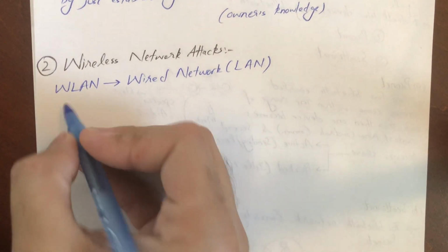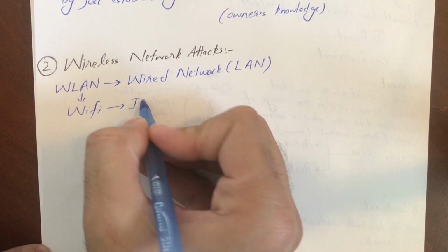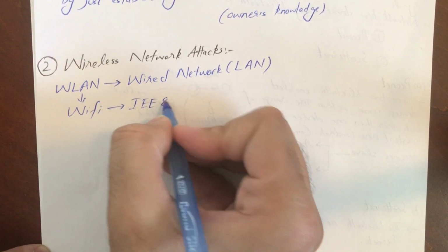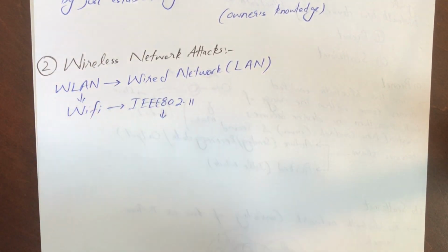Wi-Fi, or wireless local area network, also known as wireless fidelity, uses the protocol IEEE 802.11. So that's the protocol for Wi-Fi. It has replaced the traditional Ethernet-based local area network.